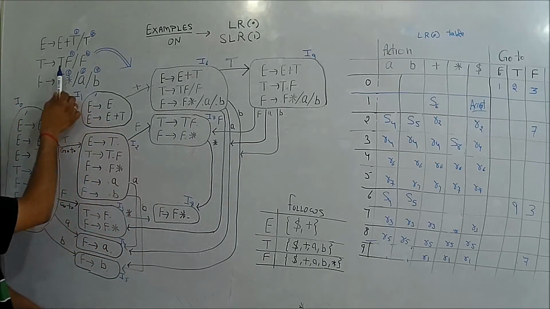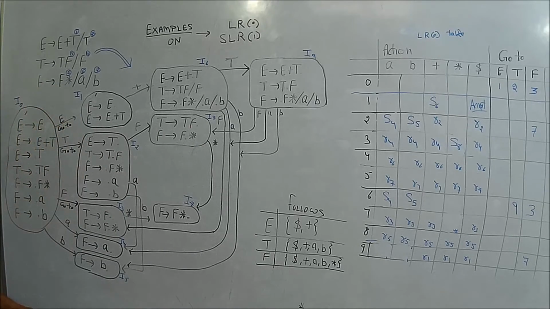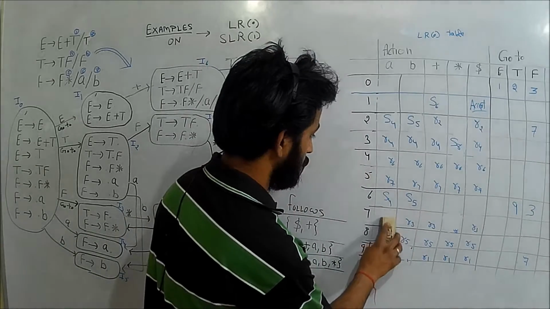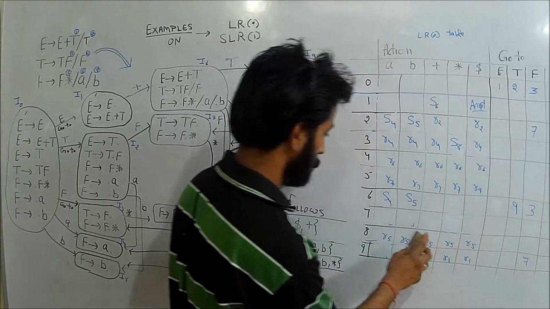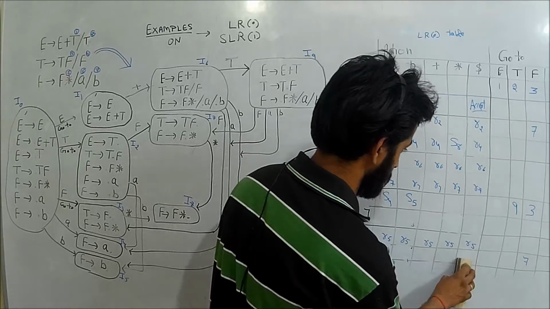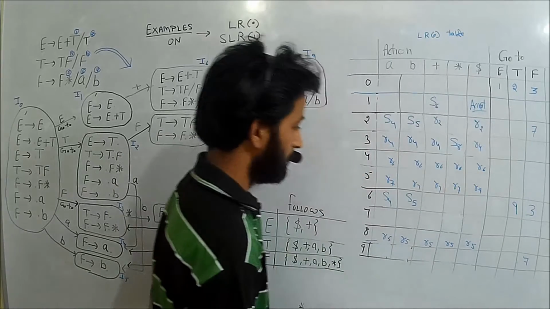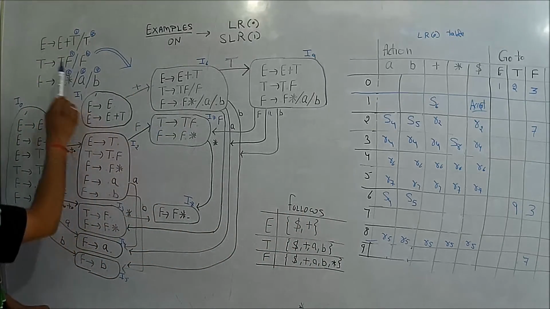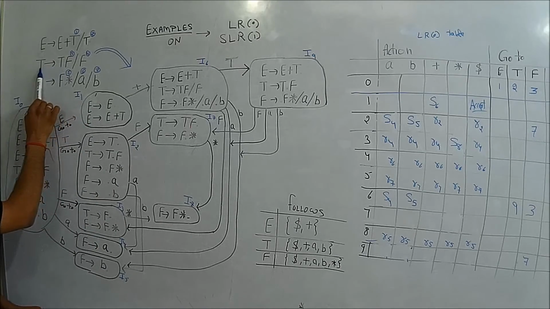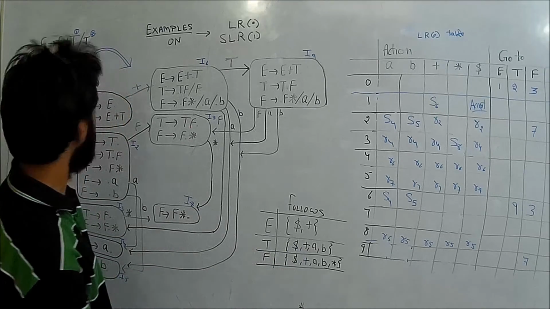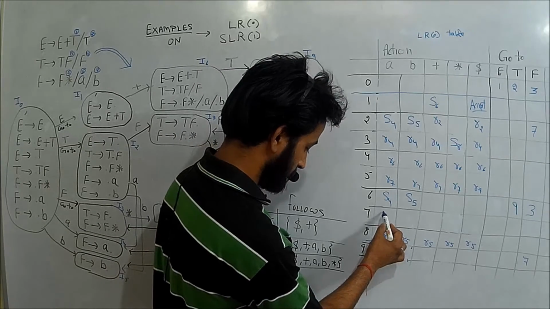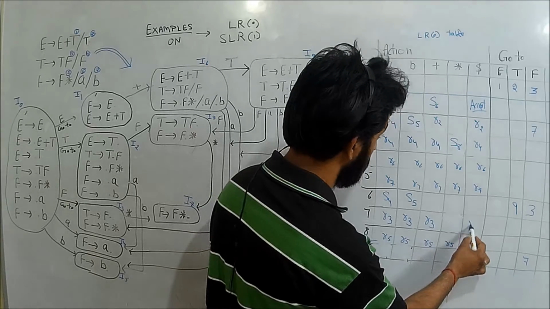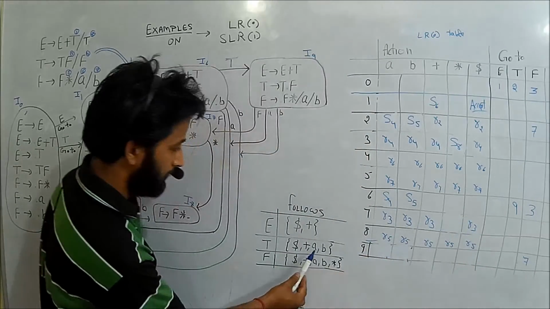So TF can be reduced to T. The number of the production is 3, and this reduction operation R3 will be placed under the follow of T. The follow of T is dollar, plus, A and B. So I will place this reduction operation R3 under A, B, plus and dollar.